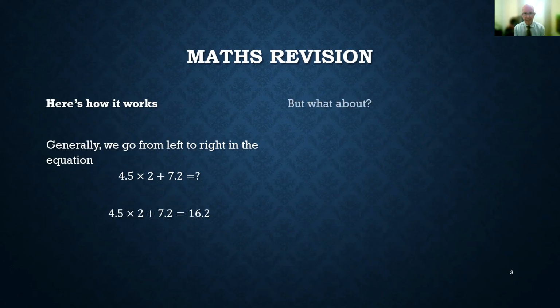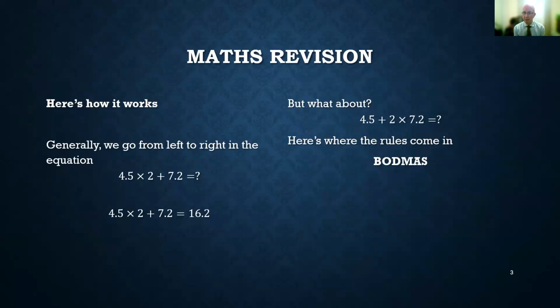That's nice and easy. But what about if I write the equation slightly differently, where we have 4.5 plus 2 times 7.2? Well, in this instance, we can't work from left to right. We have to rely on BODMAS to help us. So here's where the rules come in. We sit down and we think about BODMAS. B, brackets, O, order of, D, divide, M, multiply.